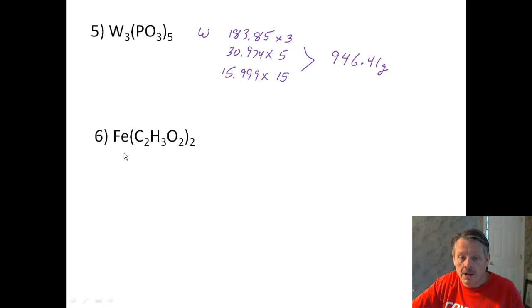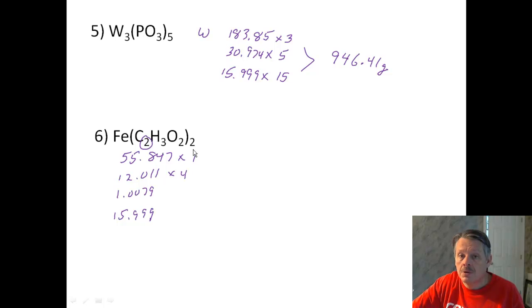Alright, how about looking at number 6? Well, for iron, iron is 55.847. Carbon is 12.011. Hydrogen is 1.0079. And oxygen is 15.999. Now, how many of each things do I have? Well, I've got 1 iron. I've got 4 carbons, 2 here plus 2 outside.